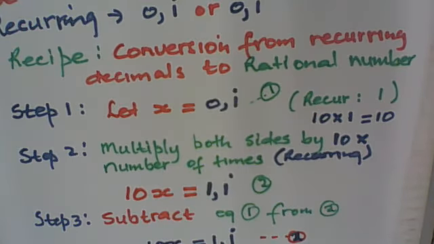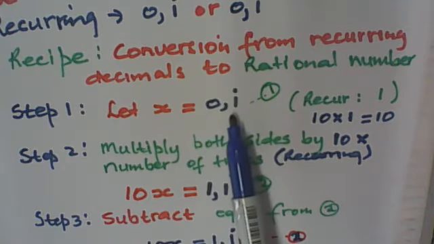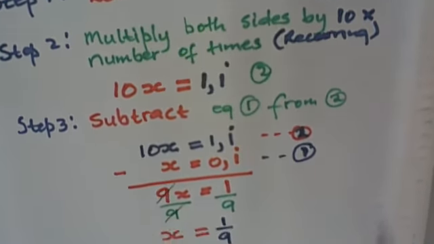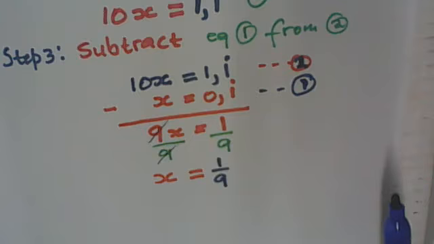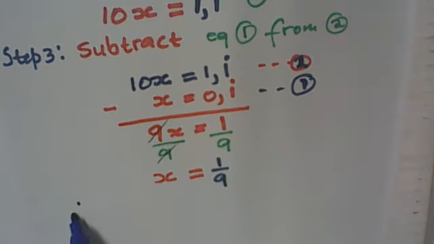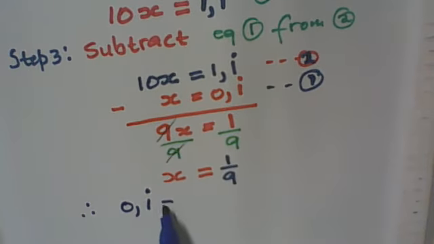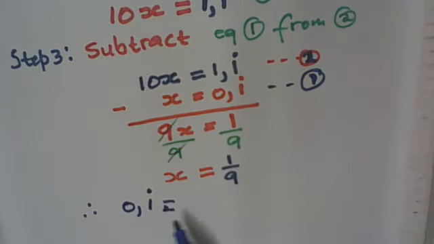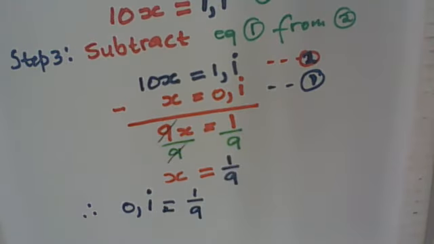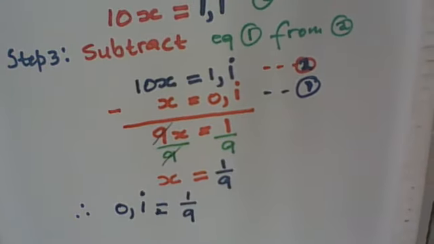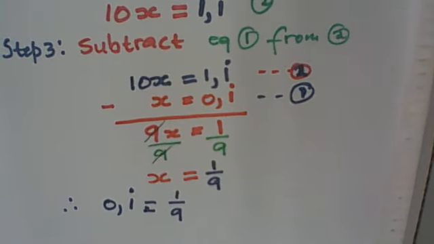X is 0.1 recurring. Therefore, I can come to my conclusion that 0.1 recurring is equal to 1 over 9. That's it. This is how you should do it, guys.